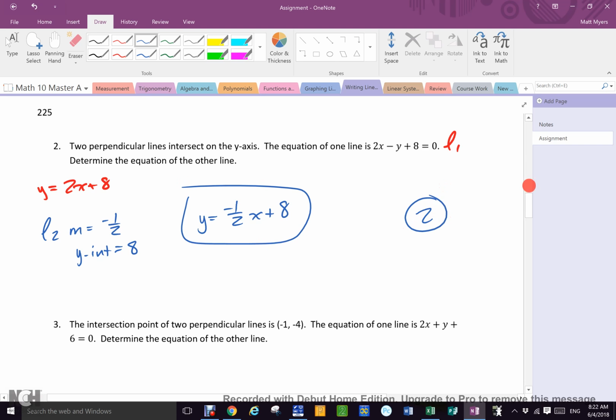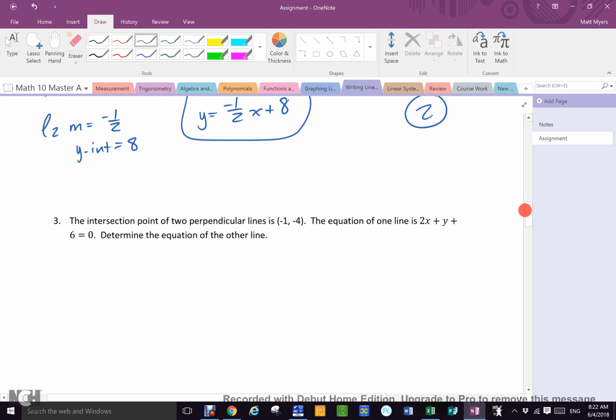2 marks. The intersection of two perpendicular lines, again, there's that word perpendicular, is negative 1 and negative 4. So you know that point is on both lines. Line 1 is right here: 2x plus y plus 6 equals 0, which means y equals negative 2x minus 6.